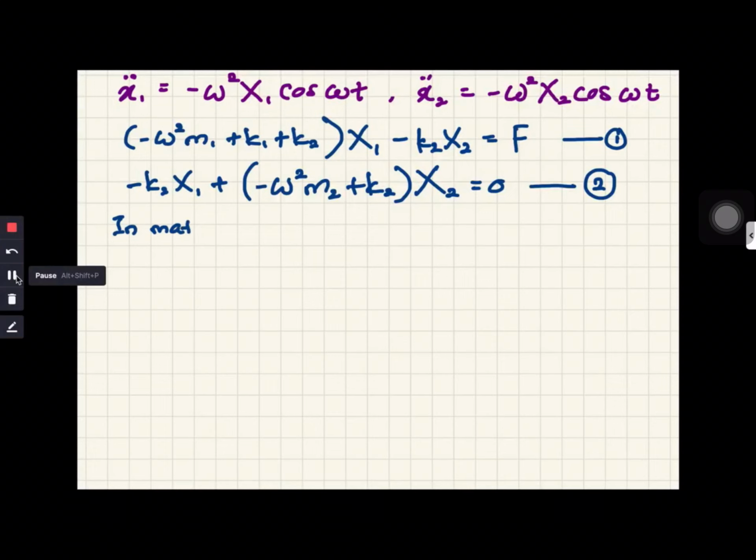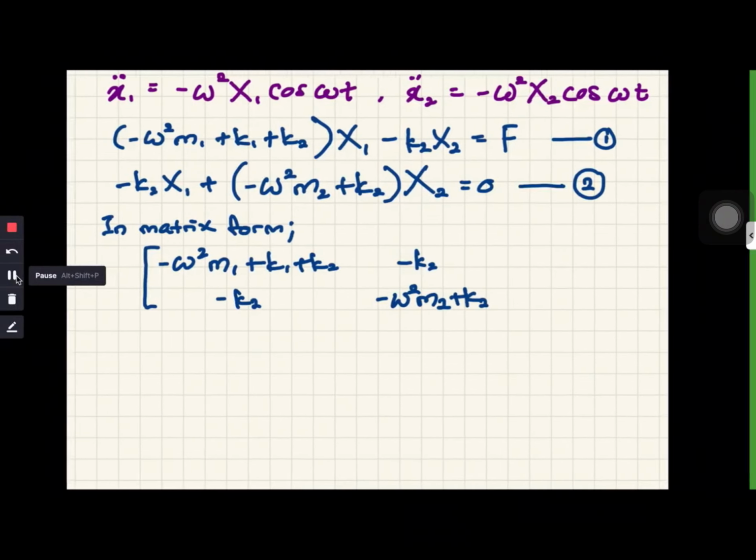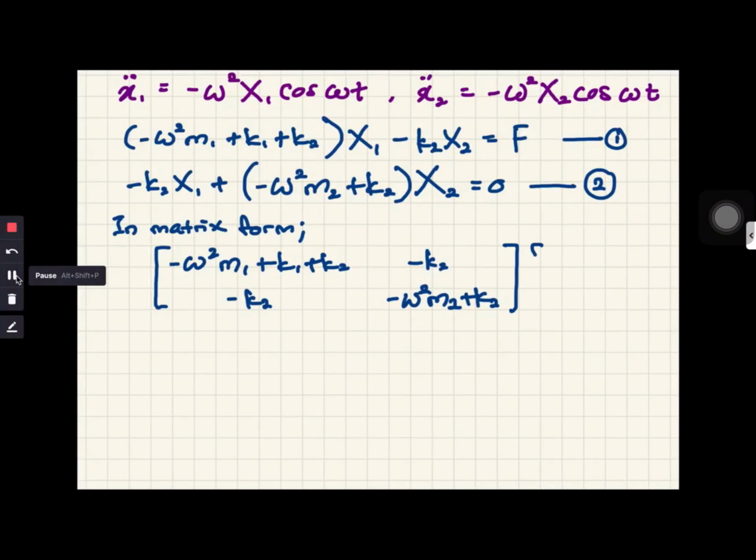Okay, now if we put everything in matrix form, we can rewrite it as the matrix with entries (negative omega squared m1 plus k1 plus k2), minus k2, minus k2, and (negative omega squared m2 plus k2), multiplied by the vector of capital X1 and capital X2, equals the vector of F and 0.